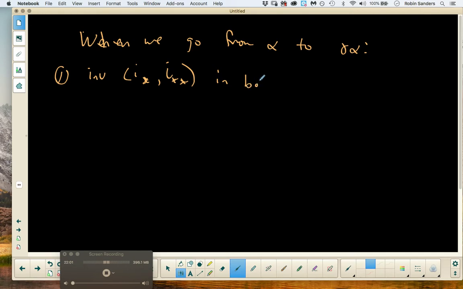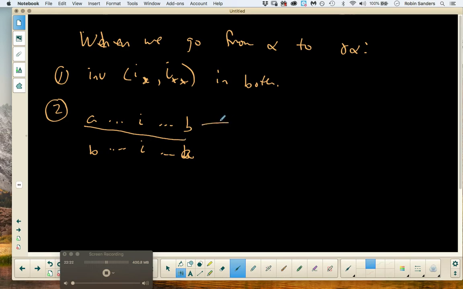They're in both. And we also know that the only things on the second row, so when we have A, I, B, and we have B, I, A, this is an alpha, and this is in first do alpha, then do gamma.